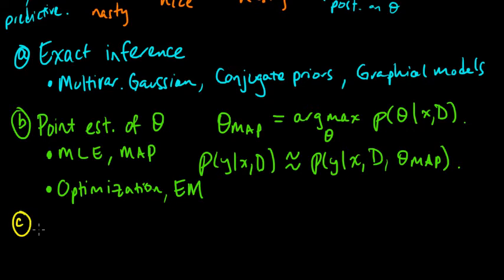Let me also mention empirical Bayes, which sort of fits into this section. You are optimizing, so you're taking a point estimate for part of theta, but not all of theta. So that's sort of empirical Bayes. We'll talk about that more later.